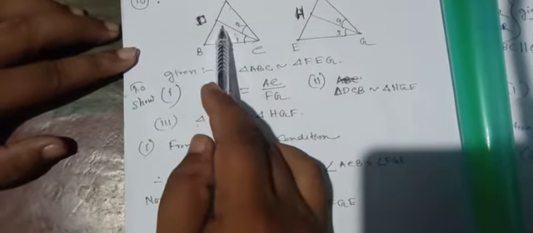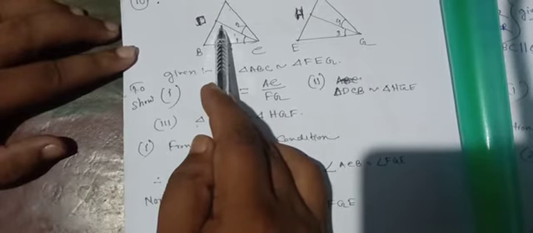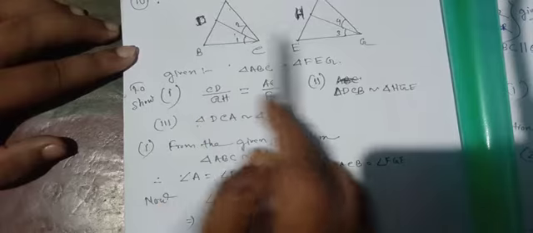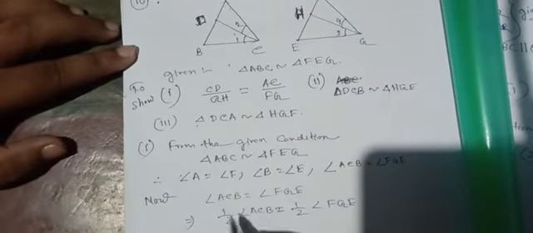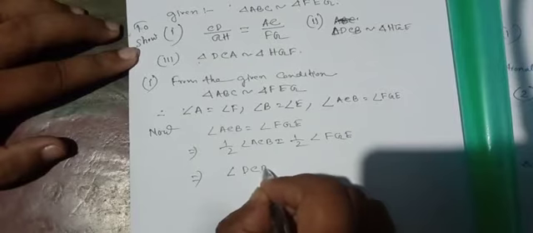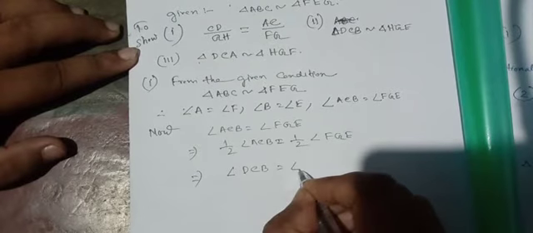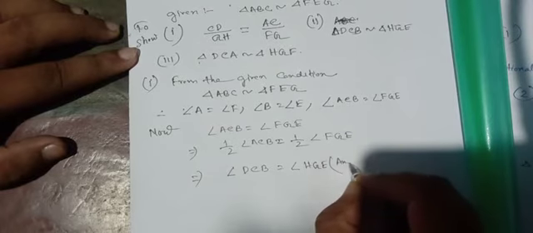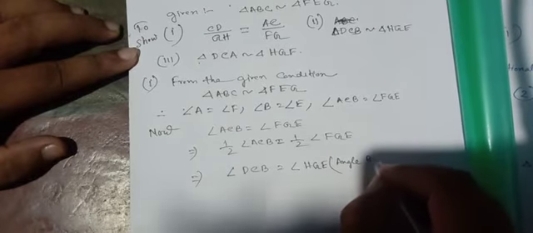Angle DCB equals angle HGE, angle bisector.